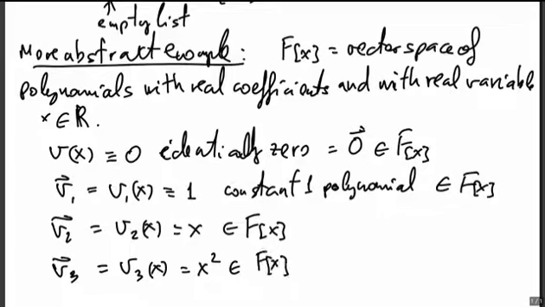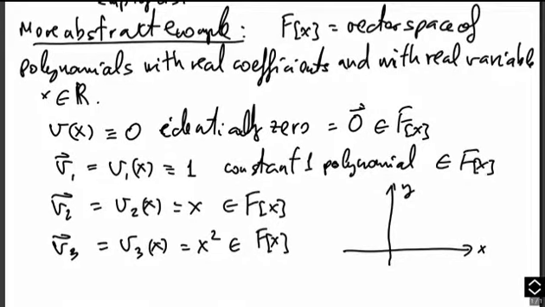So please note the difference: we cannot really plot the vector space F(x) like before. What we can do is, in the xy coordinate system, plot single vectors. So when we talk about the constant 1 vector, that's actually the constant 1 function.